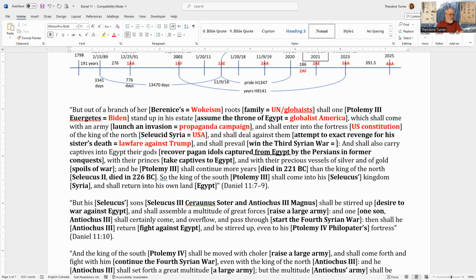That wokeism chooses Biden. He assumes the throne of Egypt, that is globalist America. He's now the head of the Democratic Party. And they launch this propaganda campaign. They enter into the fortress of the US Constitution through this election process, right?